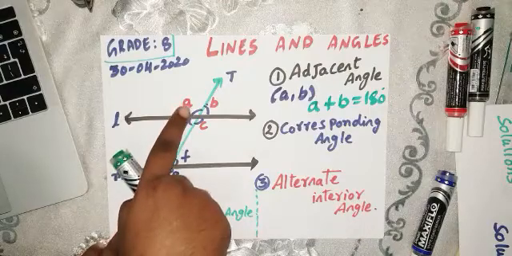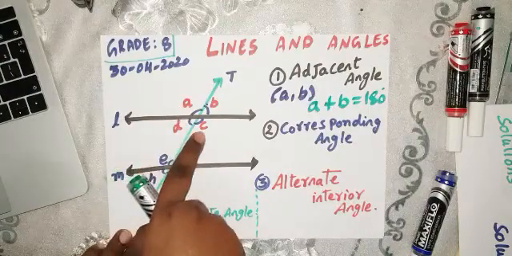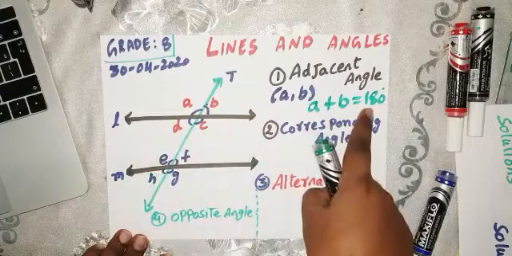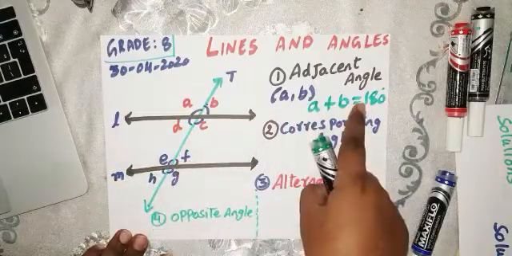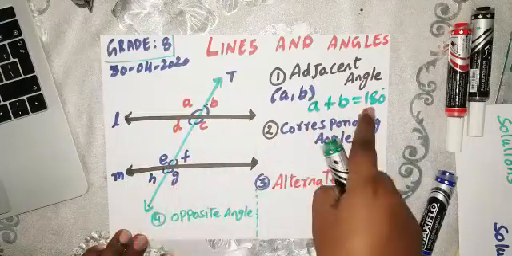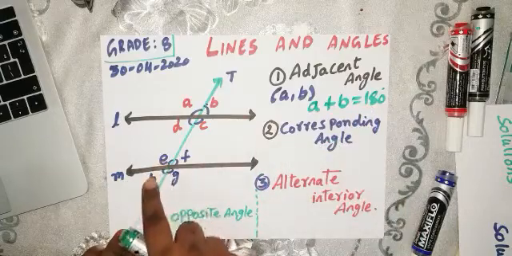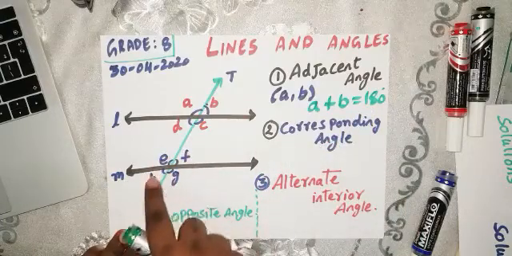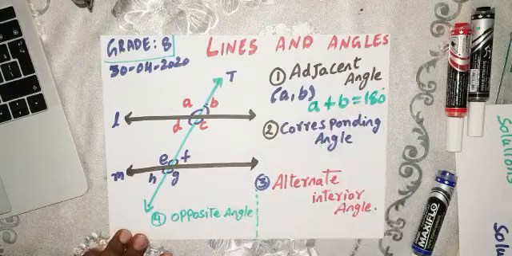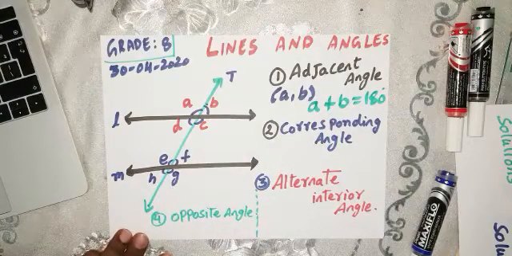Like this, if I take adjacent D and C, the sum of D and C will be 180. E and F will be 180. H and G will be 180. E and H. So any two adjacent angles, side by side angles, sum up to 180 degrees. This is an important condition for adjacent angles.